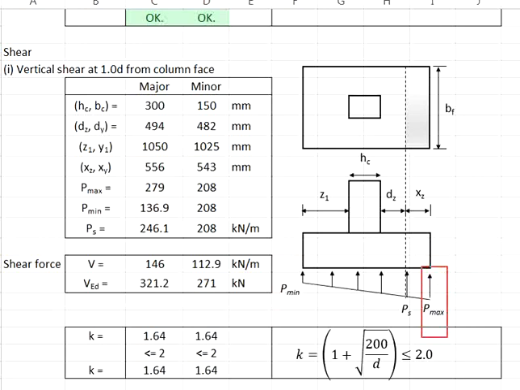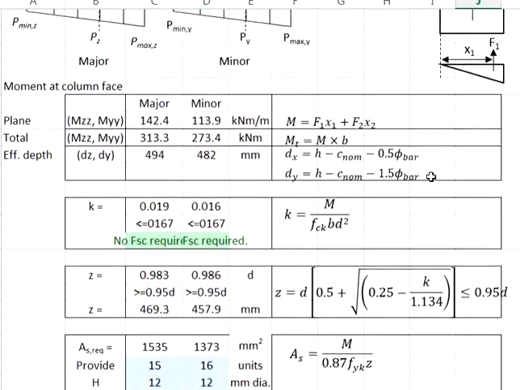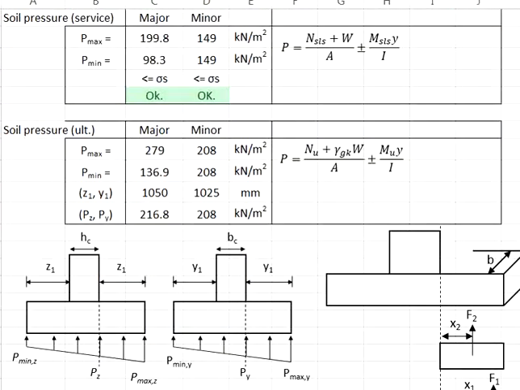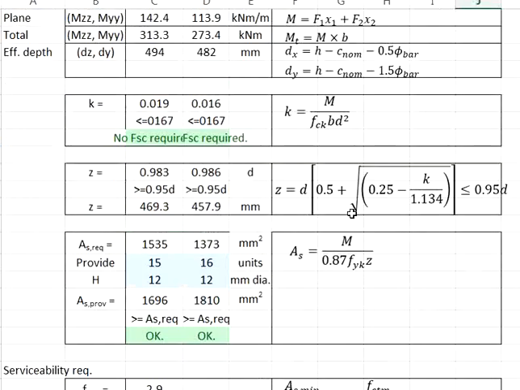There will be P maximum and P minimum due to the influence of the moment in the major axis. We have calculated the ultimate soil pressure previously when we defined the moment acting onto the pad footing. This formula was used, and the P max was obtained as 279 and P min was 136.9 kN per meter square. Use those values.